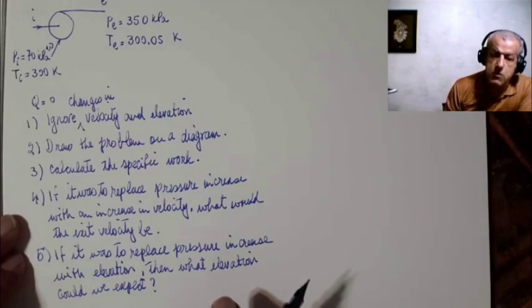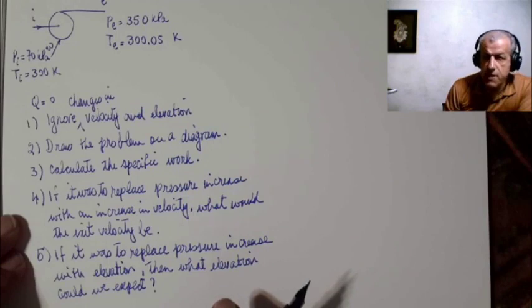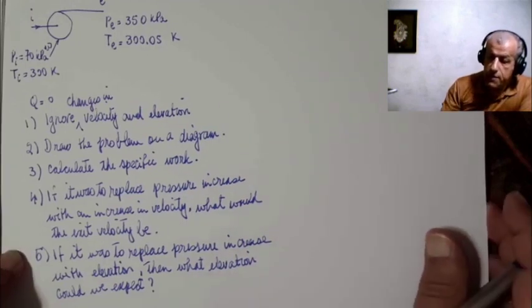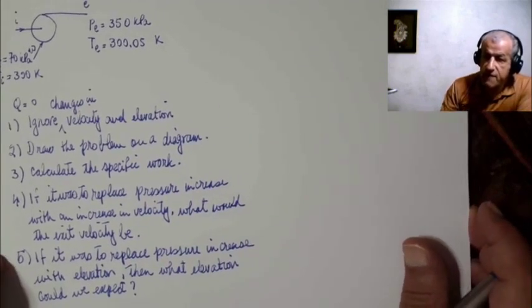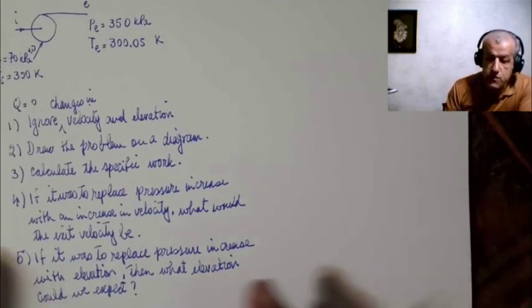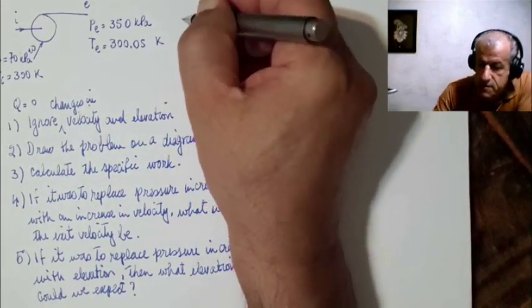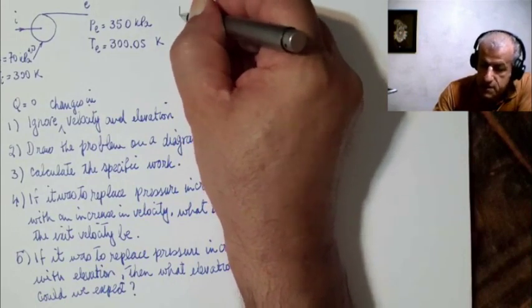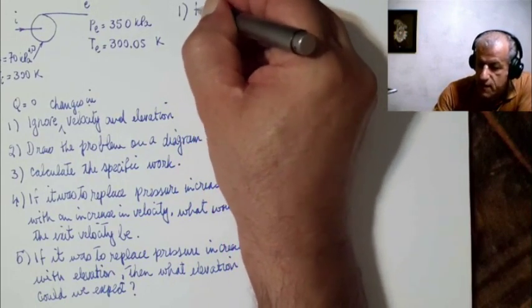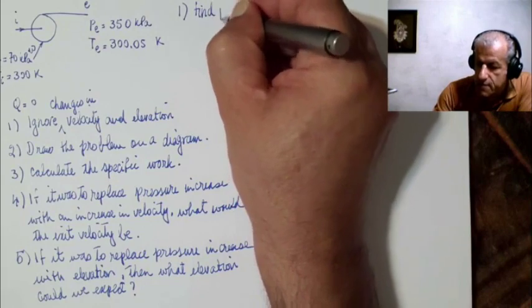And what we should do is to simply take the five steps that we always do for problems. What were the five steps? I just repeat them. First, find properties.